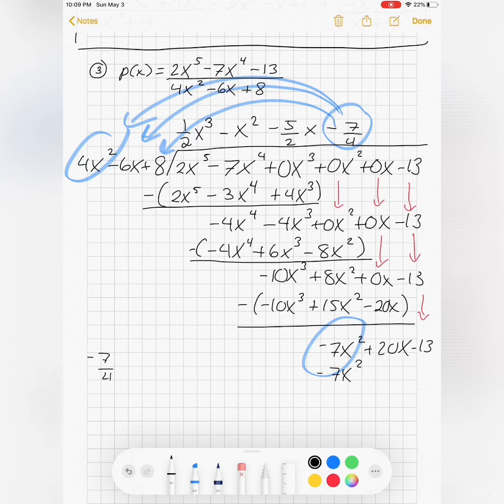Let's see, negative 7/4 times negative 6. 6 divided by 4, that'd be 3 over 2 times 7. That's 21 over 2. And then negative 7/4 times 8, negative 14.